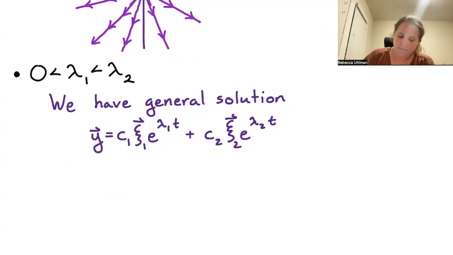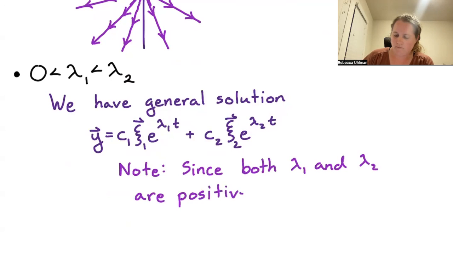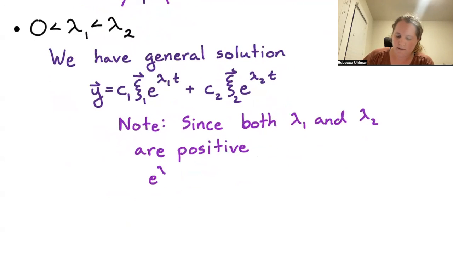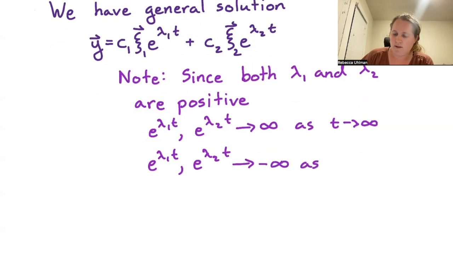Note since both lambda 1 and lambda 2 are positive, we have e to the lambda 1t and e to the lambda 2t go to infinity as time goes to infinity, and go to 0 as t goes to negative infinity.